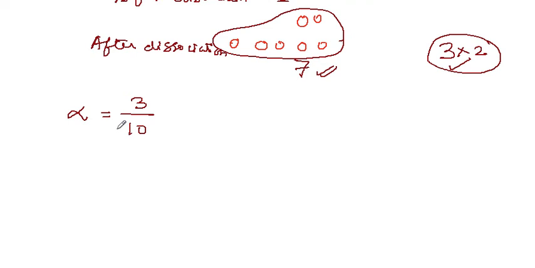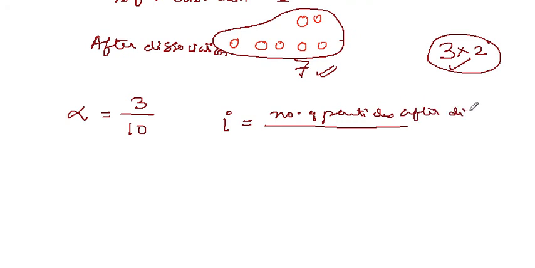dissociated. But if we consider the Vant Hoff factor I, the one that we discussed just a while ago, what it considers is the ratio of the number of particles after dissociation by the number of particles before dissociation.